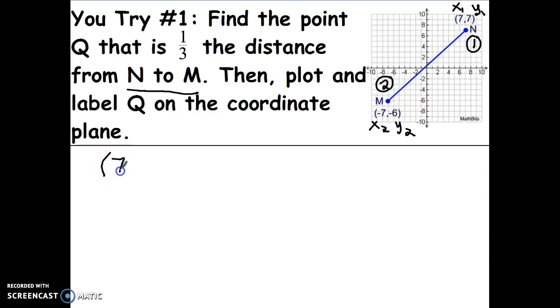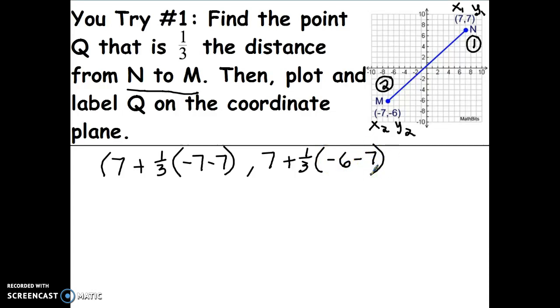Our X1 is 7 plus 1/3. And then X2, -7 minus 7. Hopefully we're looking good so far. Our Y1 is 7 plus 1/3. Y2 is -6 minus Y1, which is 7.